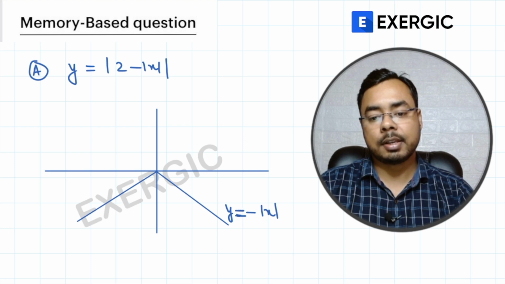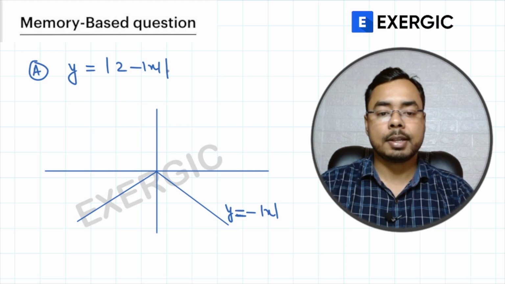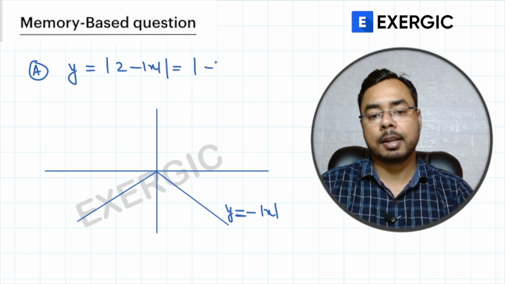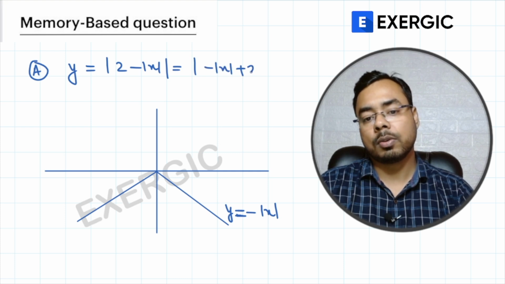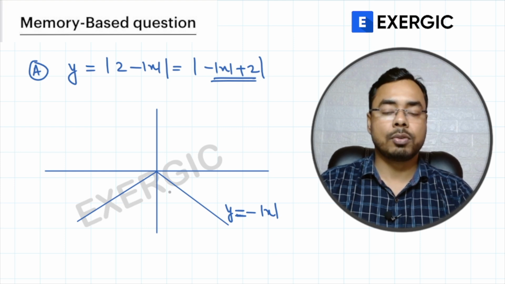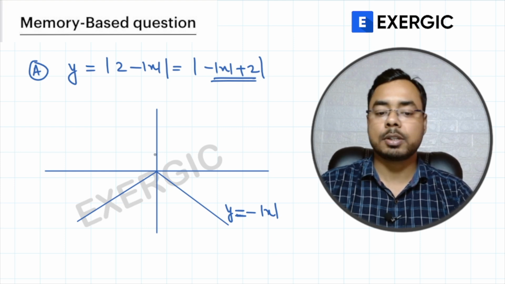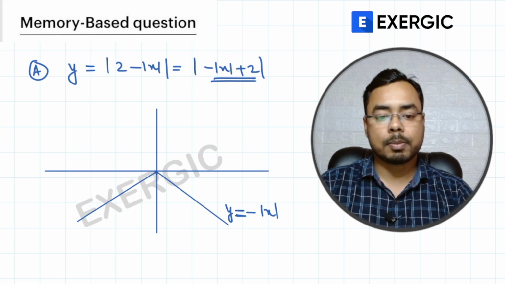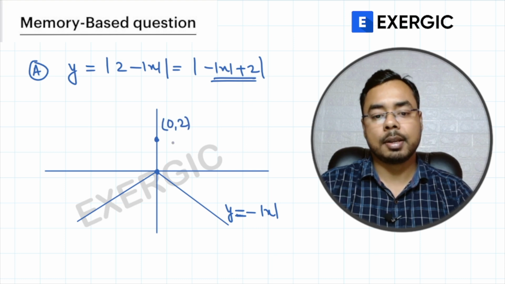Now, if I shift this graph by 2 units, we see this is the graph of minus mod x plus 2. If I have to add 2 in this function, then we have to shift this graph by 2 units towards the positive y-axis. So this point (0, 0) will move to x coordinate 0, y coordinate plus 2, and we get a graph something like this.